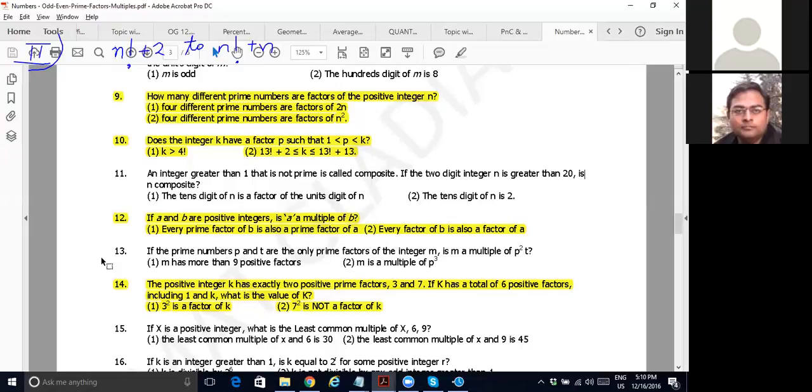I haven't even gotten to statement two. It looked a little confusing. 13 factorial. I'm still reading it. The only thing I understand.